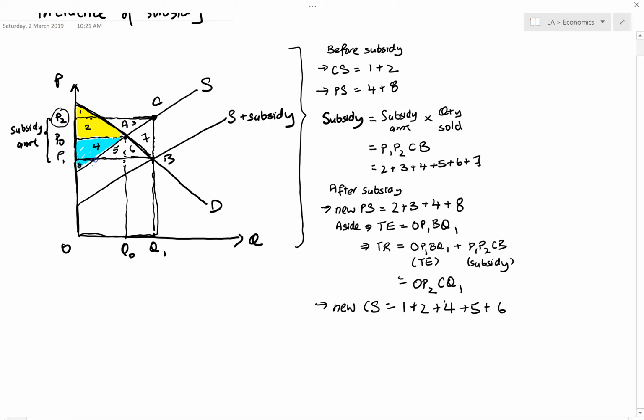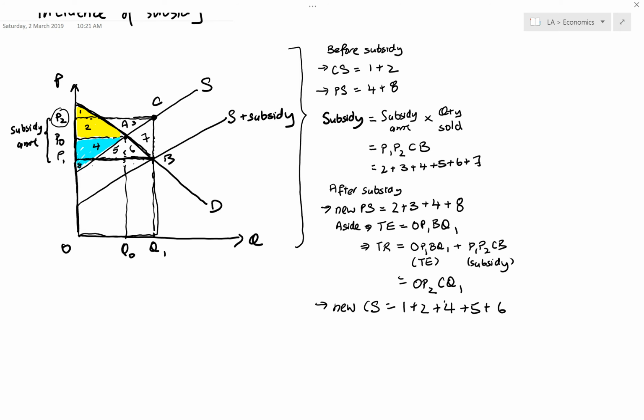This whole triangle. Correct? Because now they are paying at P1. Right? Area below demand curve and above the price they bought. 1 plus 2 plus 4 plus 5 plus 6.